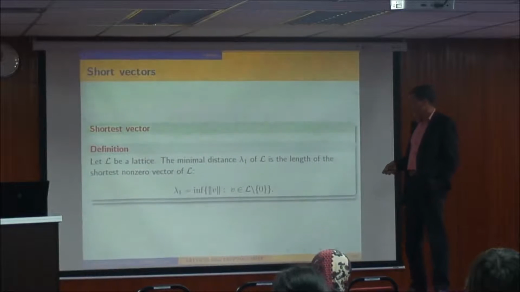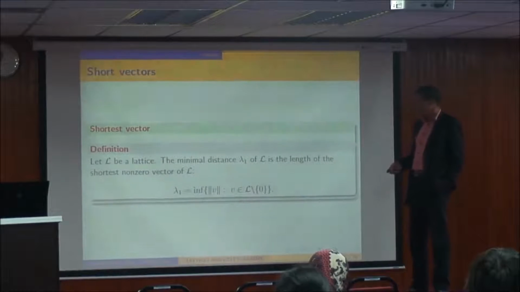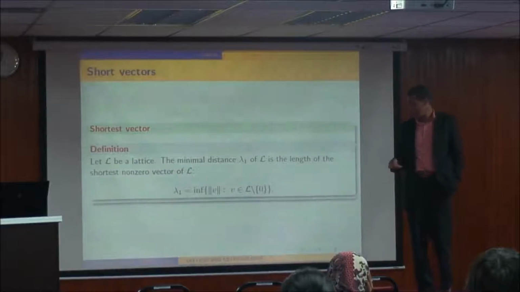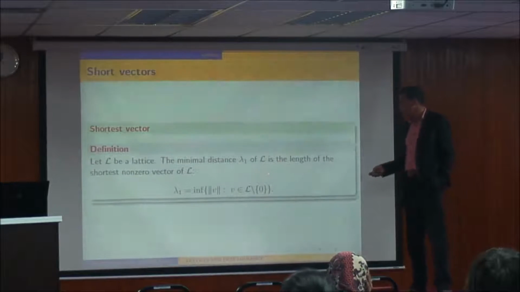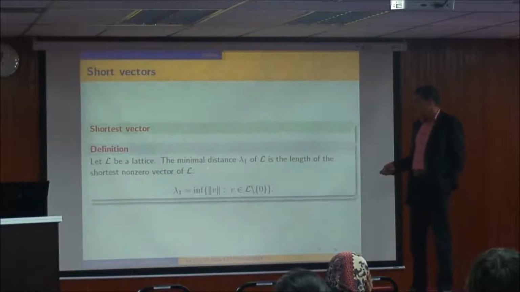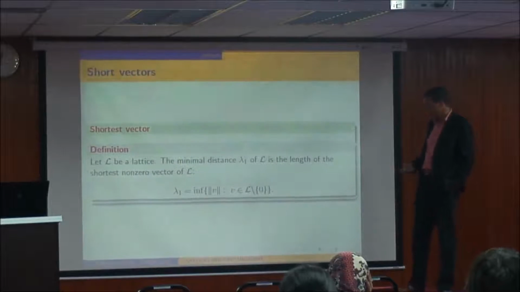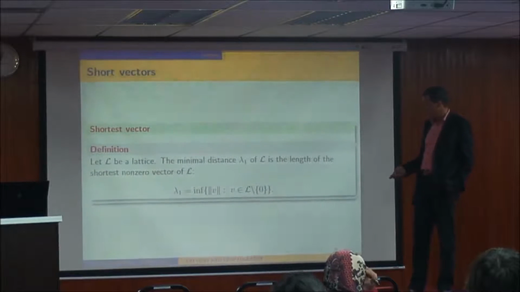So a short vector of a lattice is simply a vector which is minimal for the Euclidean distance. The minimum distance lambda 1 of the lattice L is the length of the shortest non-zero vector of the lattice.